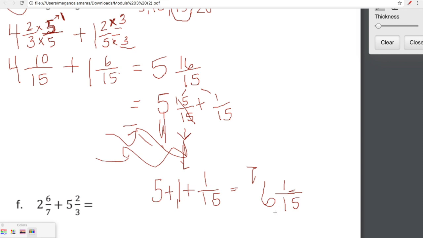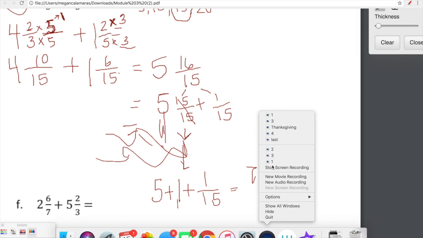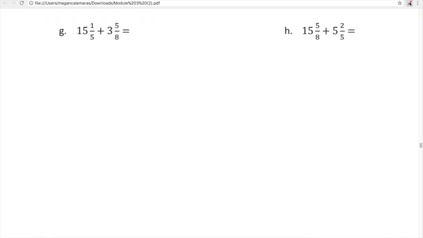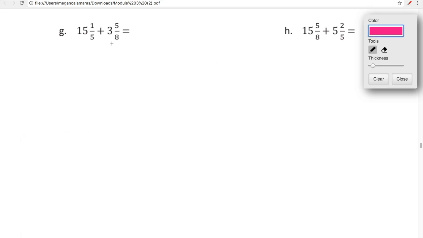Let's do one more. Okay, kiddos, one more simple one, and then we'll do a word problem, and I'm done. 15 and 1/5 plus 3 and 5/8.